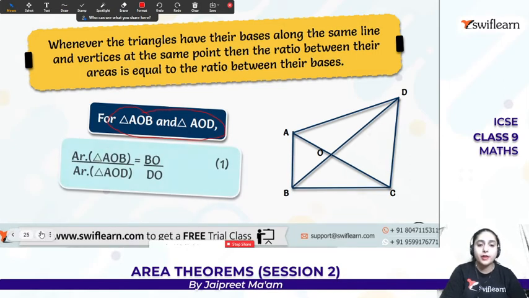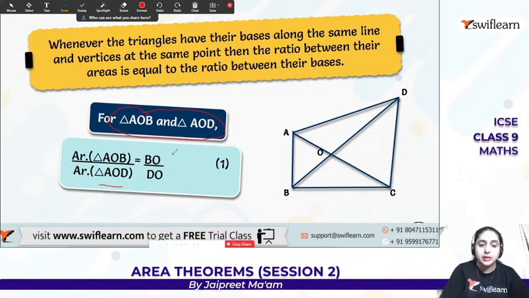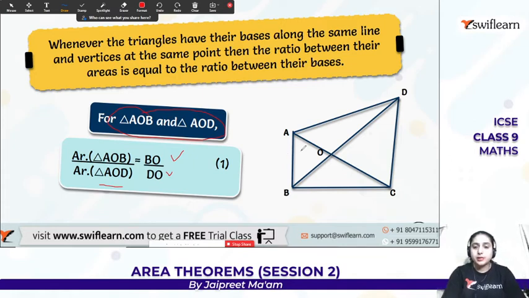That means area of triangle AOB upon area of triangle AOD is equal to BO upon DO, between their bases. So the bases are BO and DO of these two triangles, AOB and AOD.